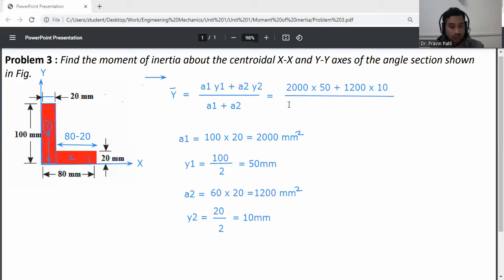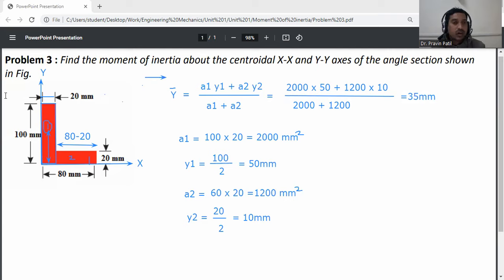So a1 is again 2000 plus a2 is 1200. So y bar is equal to 2000 into 50 plus 1200 into 10, divided by 2000 plus 1200. It will get 35 mm. So y bar is 35 mm. Okay, I will note down the y bar value, it is 35 mm.